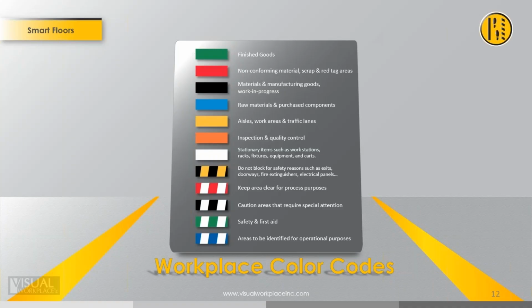You may have a few less than this, you may have a few more, depending on your system and your processes in your facility. So there's no right or wrong answer. I encourage you to establish some standards for organizing your workplace and make sure that it's simple and effective, because we don't want to create standards just to create standards.